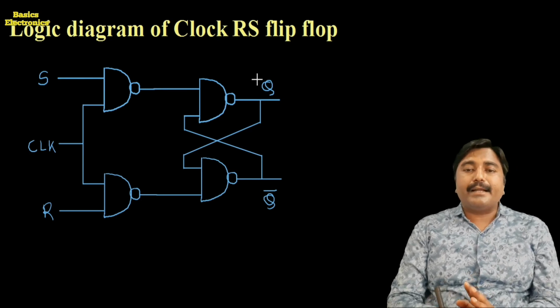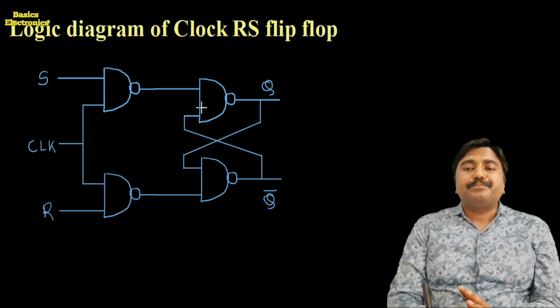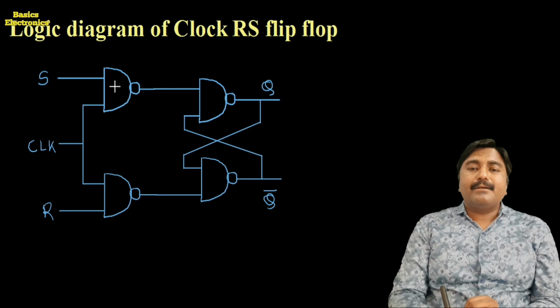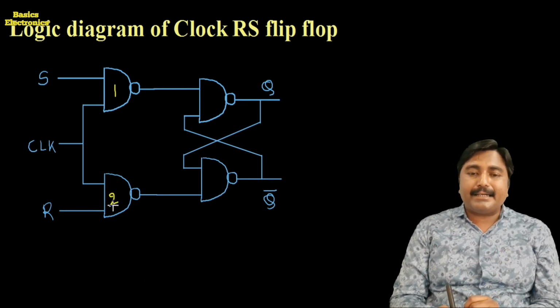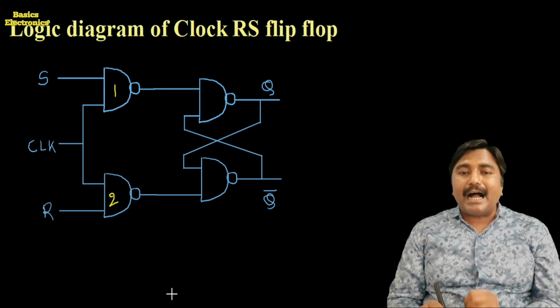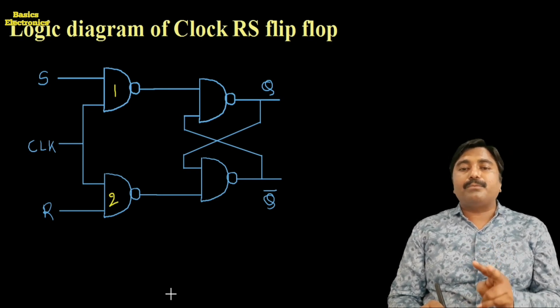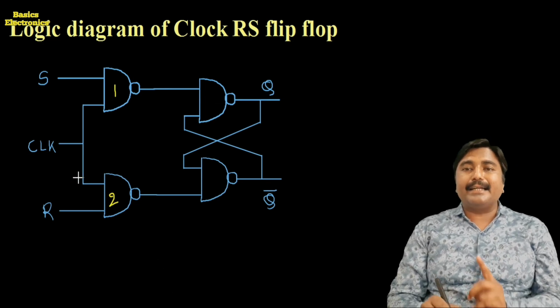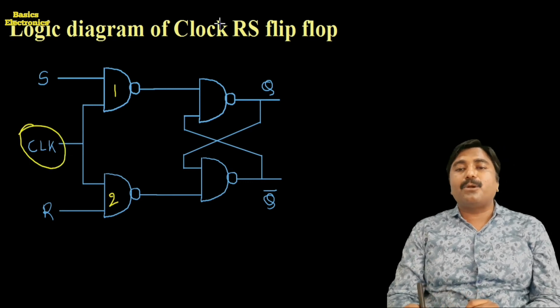Okay, so here if we see the construction, we can say 4 NAND gates are required. From that, the first NAND gate has the S input and the second NAND gate has the R input. The second input of the first NAND gate and the second NAND gate is common, and that common input is the clock input.